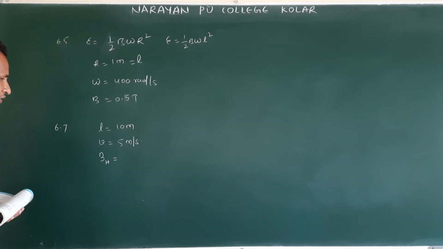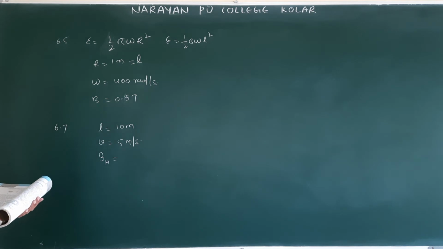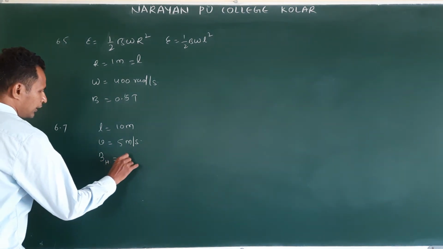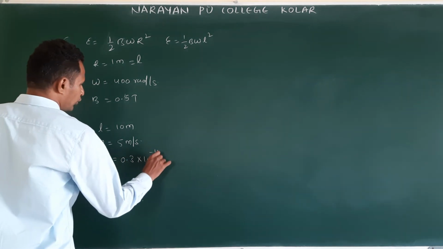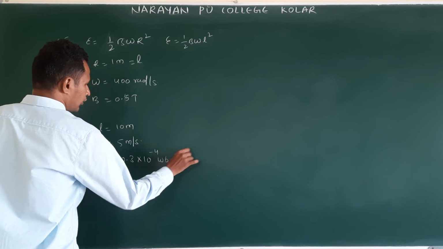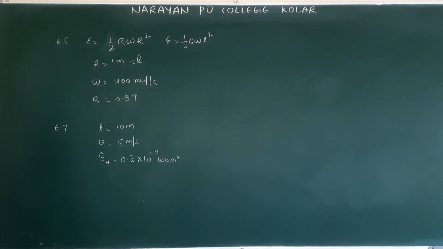BH is equal to 0.3 into 10 power minus 4 Weber per meter square. The sixth question was missed; after this we will solve the sixth. They are asking the instantaneous EMF, direction and potential.